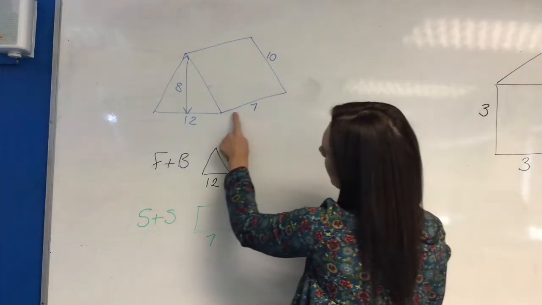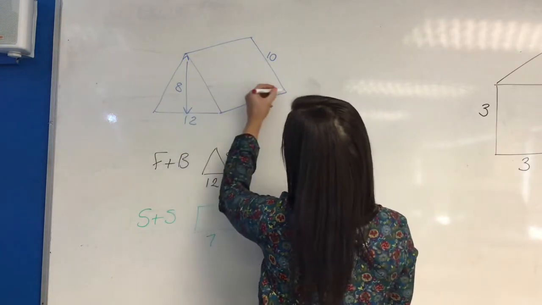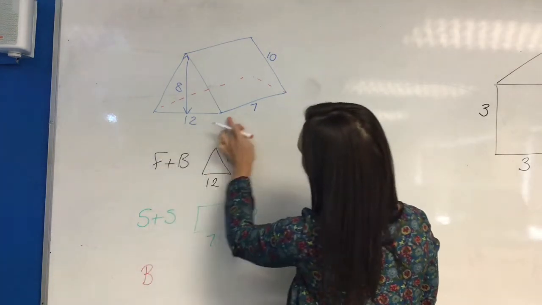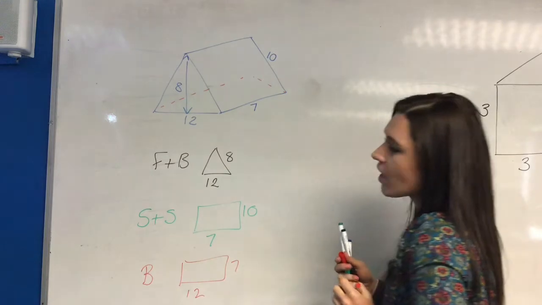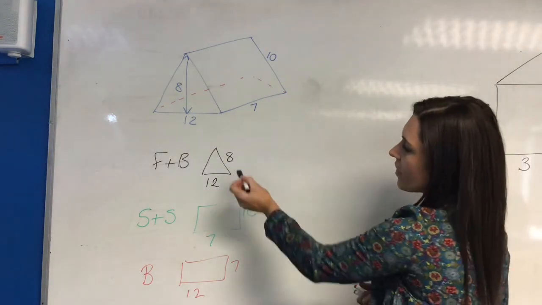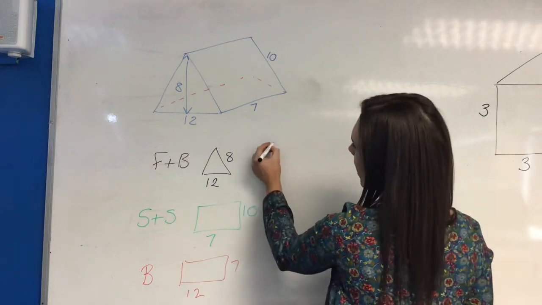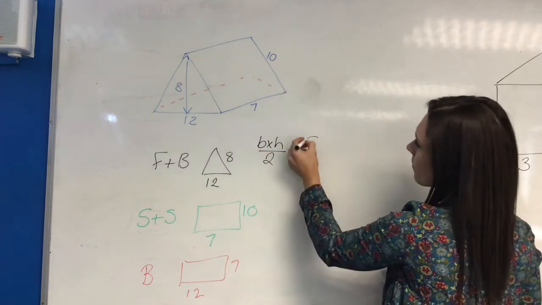So we are going to calculate the area of the base, which is the bit at the bottom here, 12 by 7. We then go through the same method as we did with our cuboid. So we work out the area of each of our sides. So the area of a triangle is base times height divided by 2.